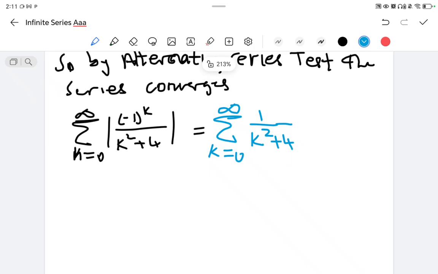So we get this, right? Then the question is, will this converge or diverge and by which test? It will converge, right?